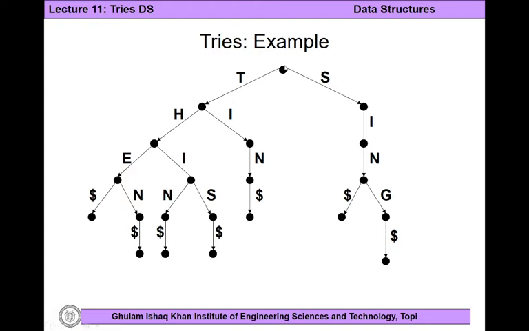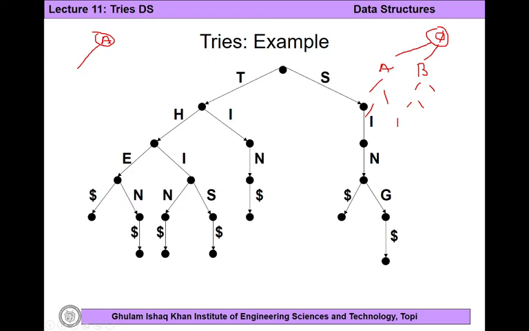And the root node always contains null, because if, for example, in a tries I make a try here and in the root node I store A, it means that all the words represented by this tries data structure are going to start from A. So if we start from null, we can have child A, where following this child there can be words starting from A. We can have a child B, where the nodes following this child can represent words starting from B, and so on and so forth.